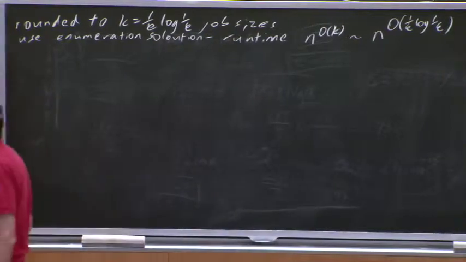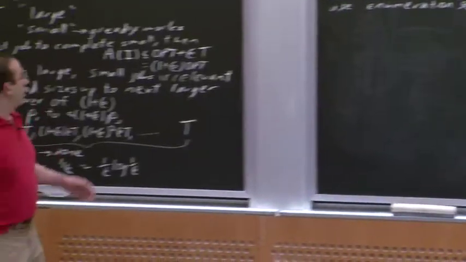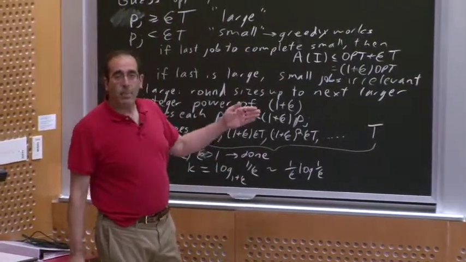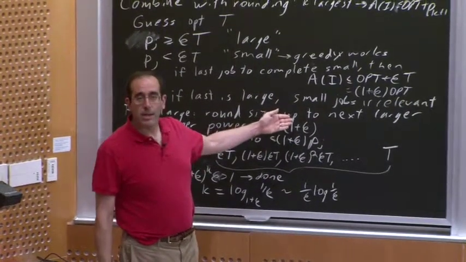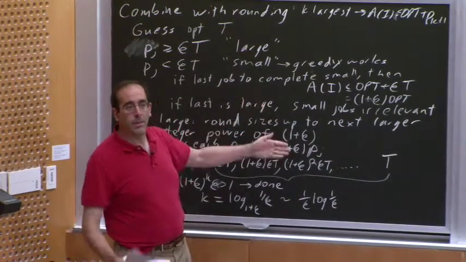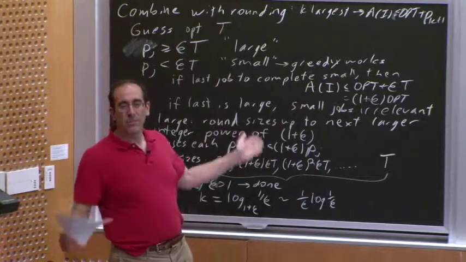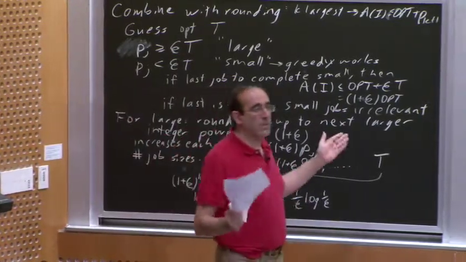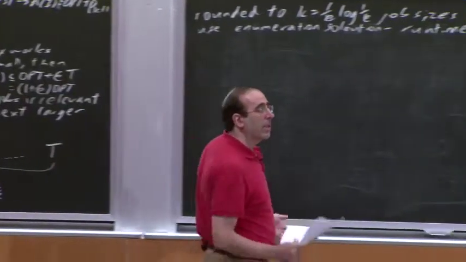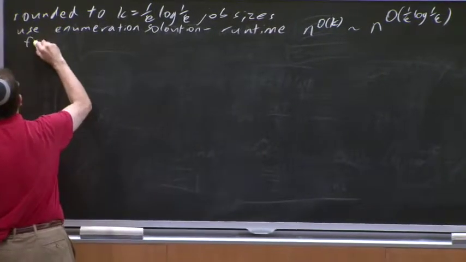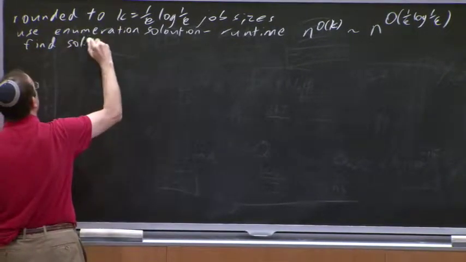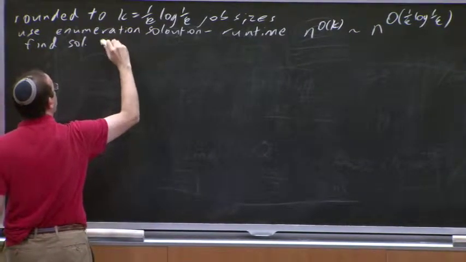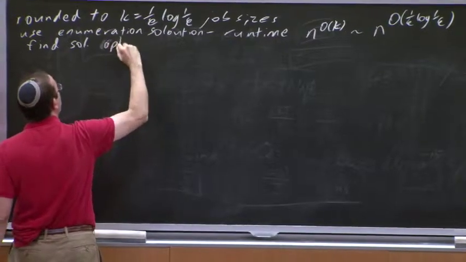Okay. And the only thing that I gave up is that I increased these job sizes, right? So this only made the optimum solution worse, but it only made it worse by a factor of 1 plus epsilon, right? So I find a solution that is optimal for the rounded jobs.